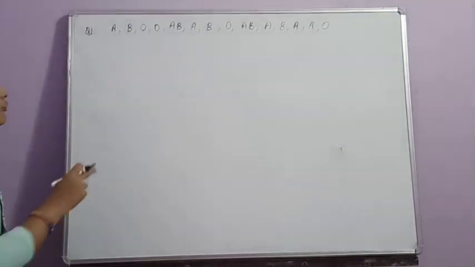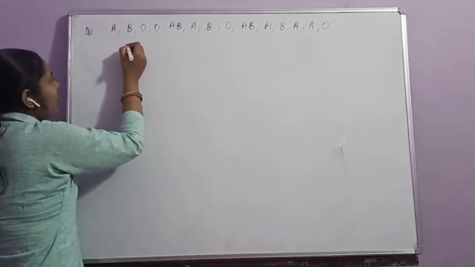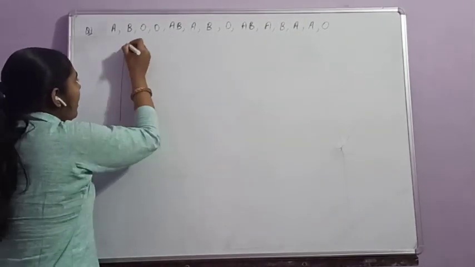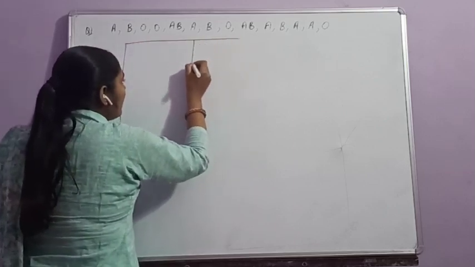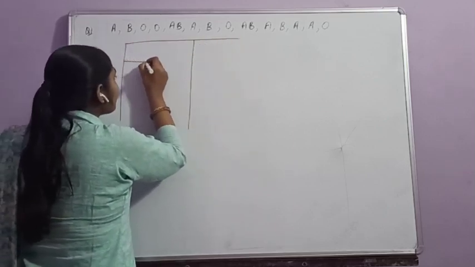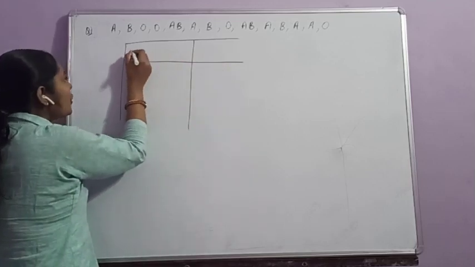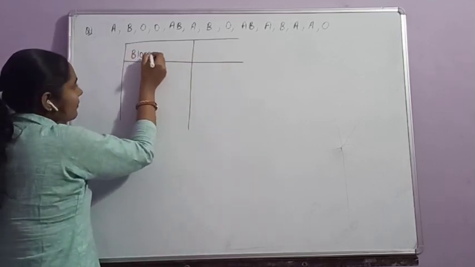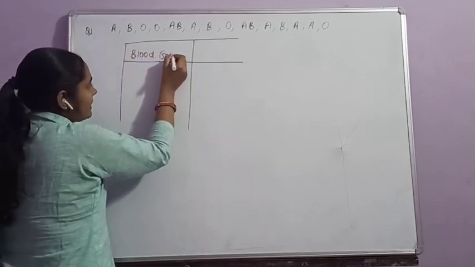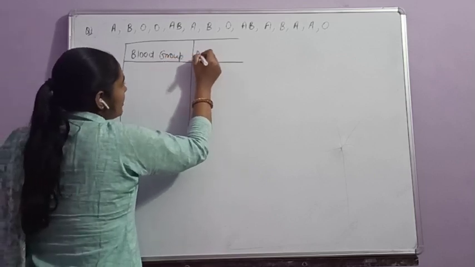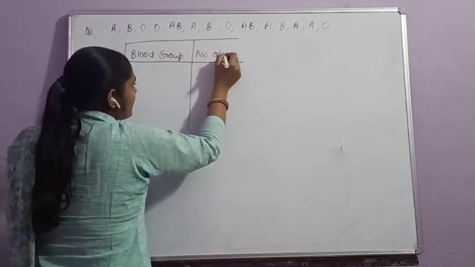First of all, we arrange the data in a frequency distribution table. In the frequency distribution table, blood group and number of students.